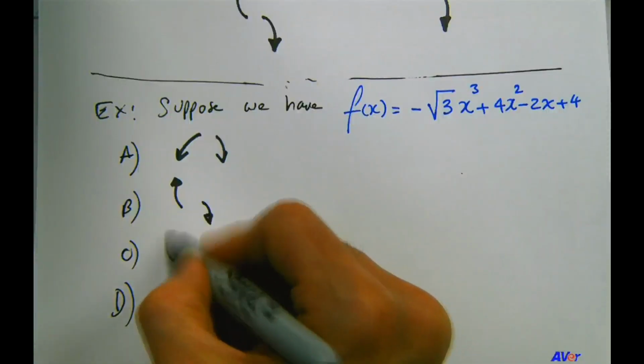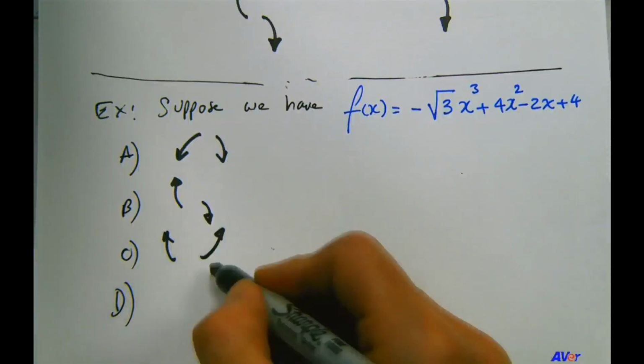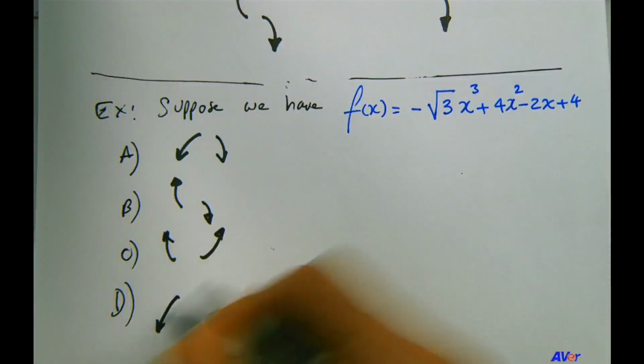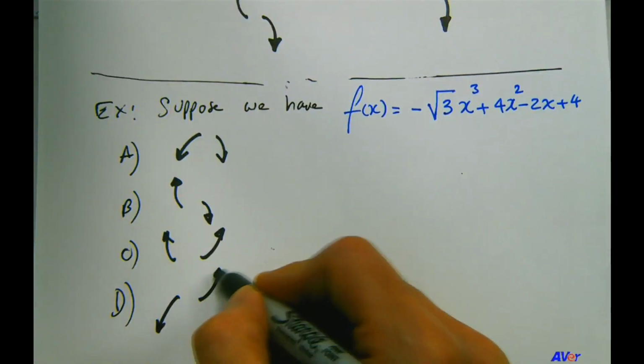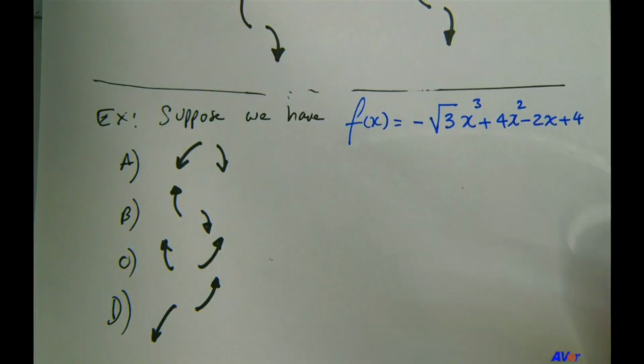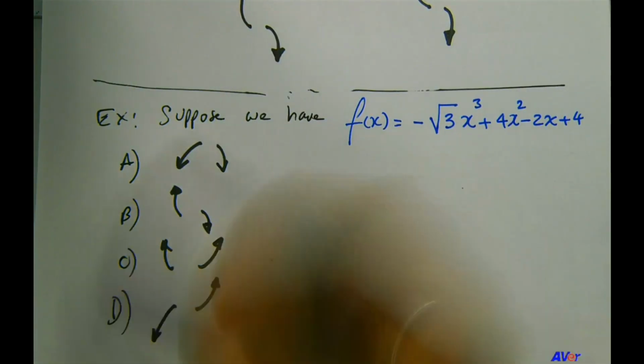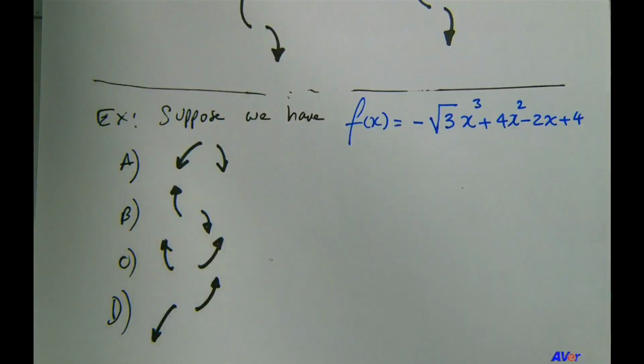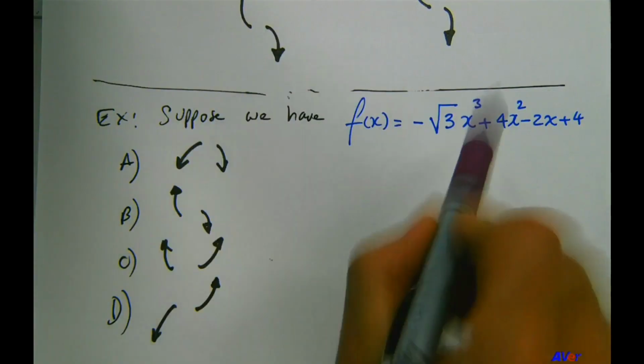Will it be like that? Or will it be like this? Okay? So what would you say? How would you determine which one of these is the end behavior of the graph of that function?